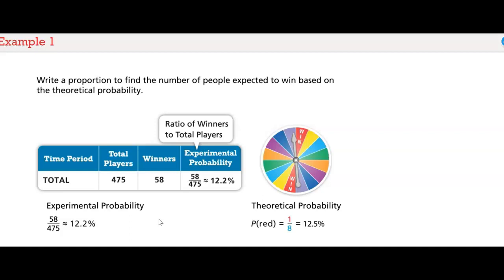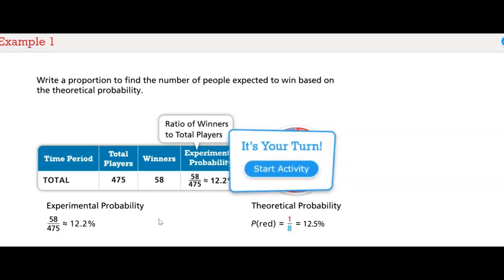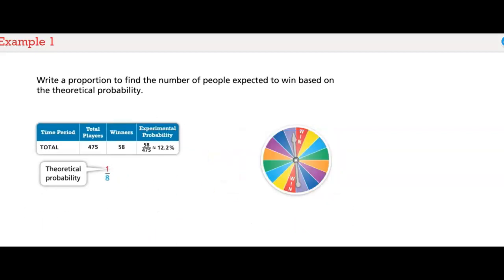You can write a proportion to find the number of people expected to win based on the theoretical probability. The theoretical probability, 1/8, is equal to the number of people expected to win, x, divided by the total number of players, 475.